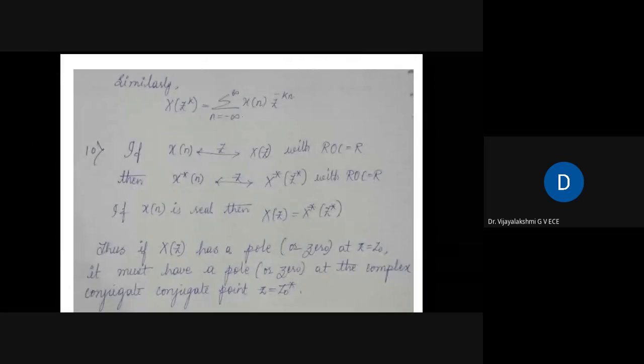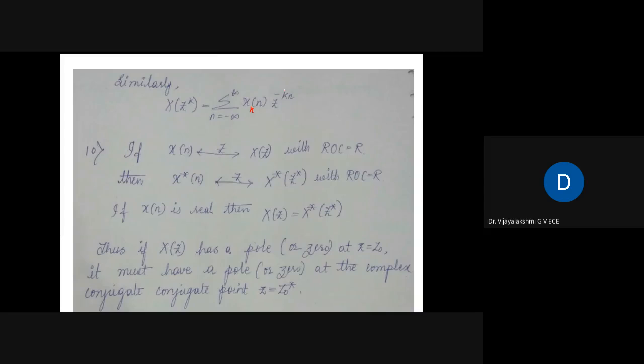So if you expand, your z becomes z power k. That is what we have tried to show here. So you can just see the proof. X of z is equal to summation of n varying from minus infinity to plus infinity x of n into z power minus n. If I change x of n to xk of n, then instead of z power minus n, it becomes z power k.